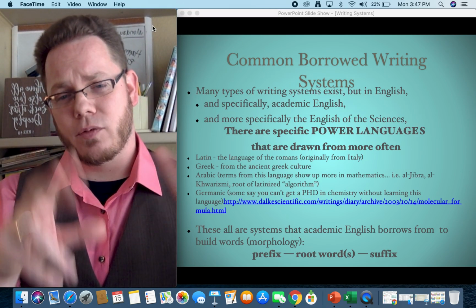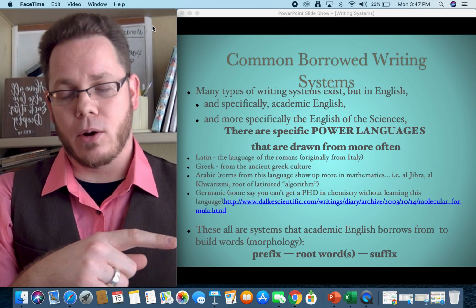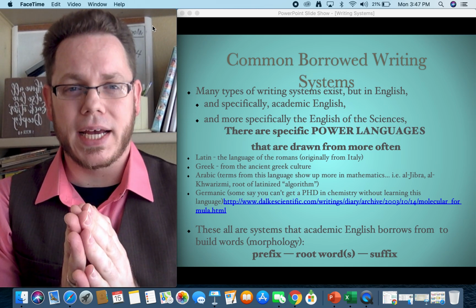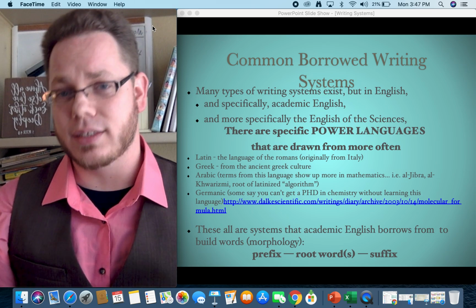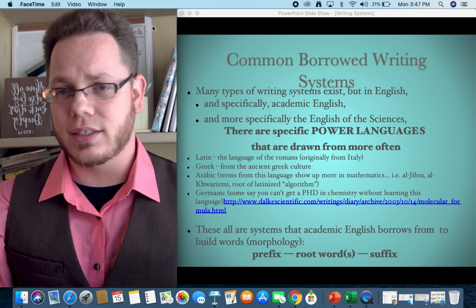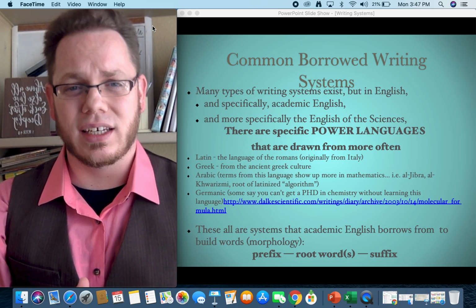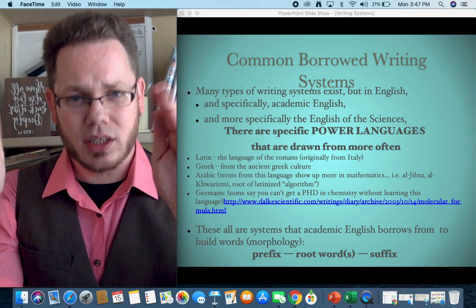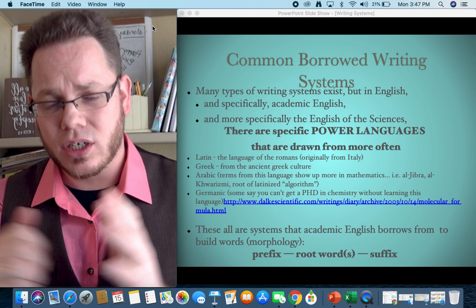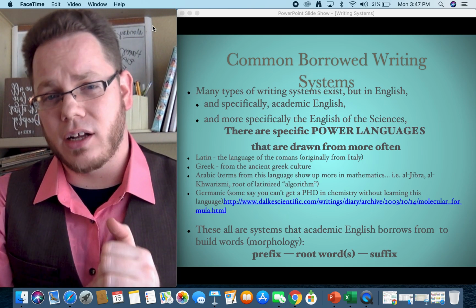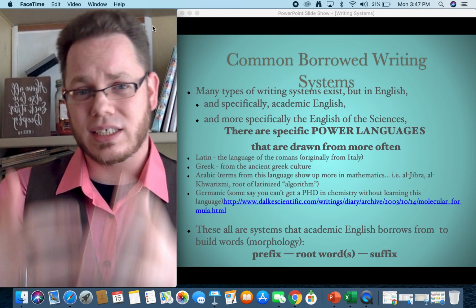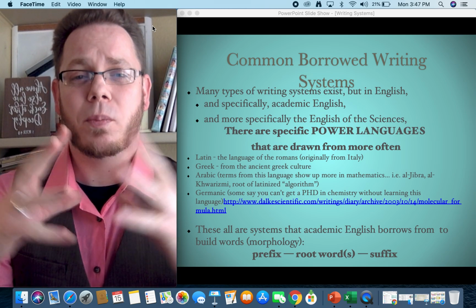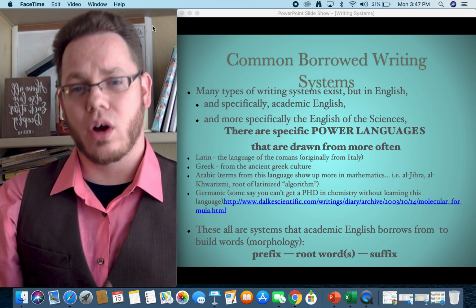I'm sorry for the format, it went from Keynote to PowerPoint, sorry. But there are common borrowed writing systems. There are many types of writing systems throughout the world. Within the context of English, specifically academic English, and maybe in this particular application, more specifically English in the sciences, there are power languages that are drawn from.